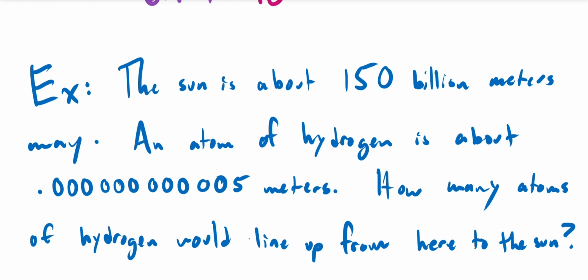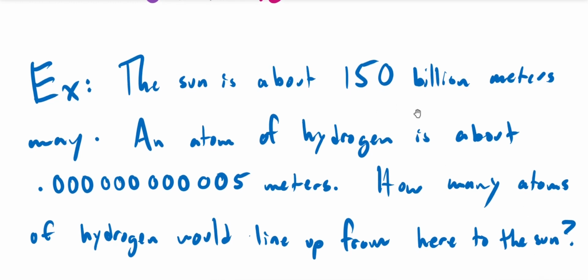And in terms of meters, an atom of hydrogen is about 0.0000000000005 meters wide. So how many atoms of hydrogen would it take to line up from Earth to the sun? Give or take. I know there's some atmosphere involved, but let's just treat this as a little silly problem. How many of these tiny things do I need to line up to give me this big distance?